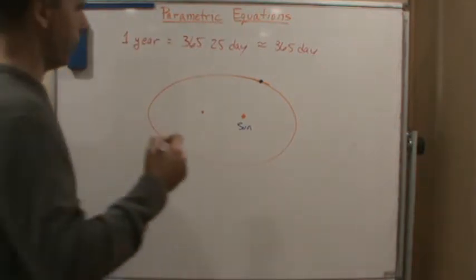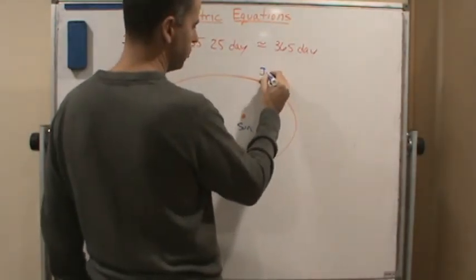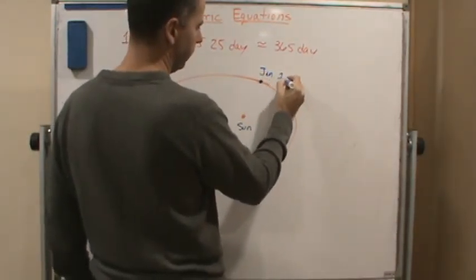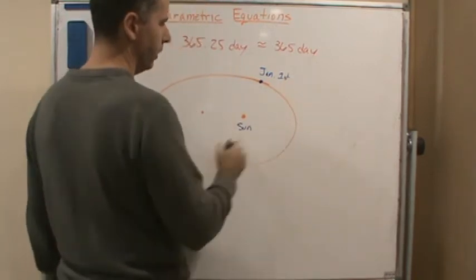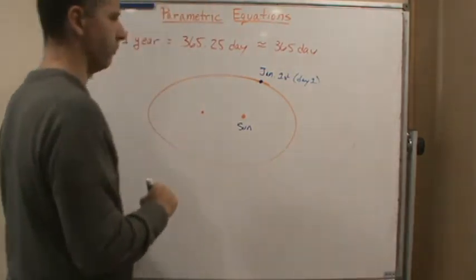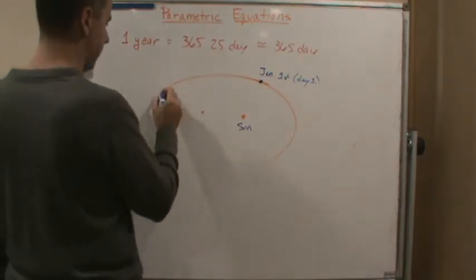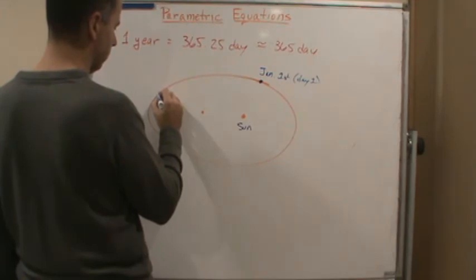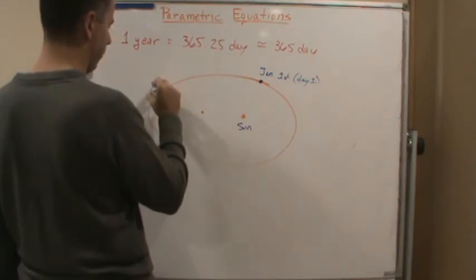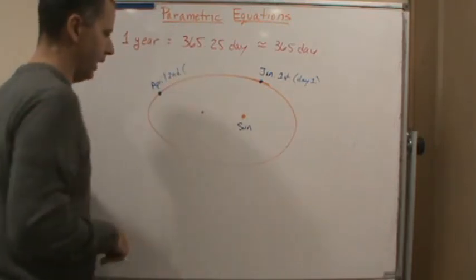Okay? So for example, let's say this is day 1, January 1st, day number 1. And then let's say we go to April 2nd, and we're over here. And what day is that?